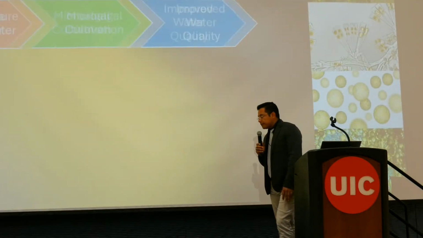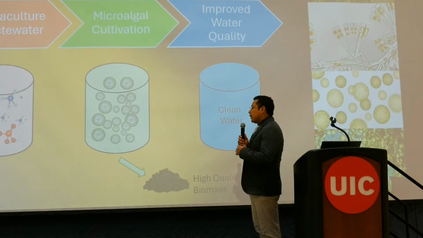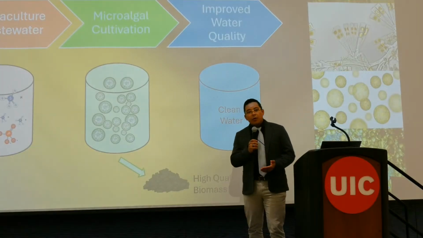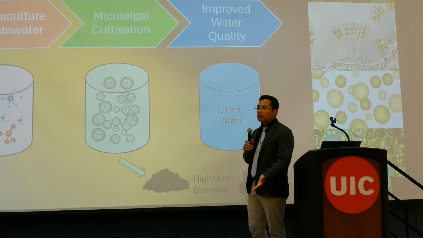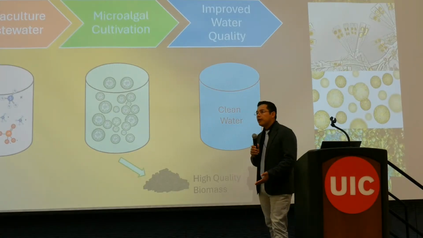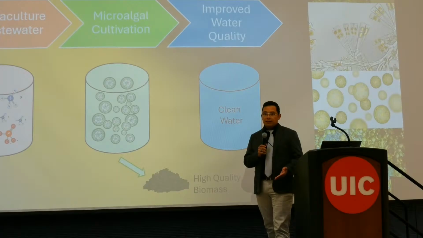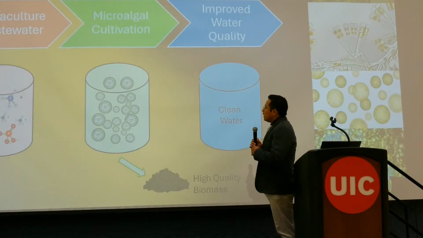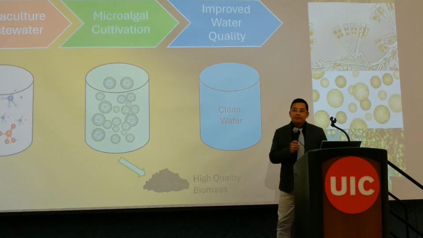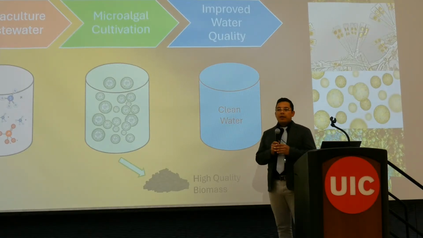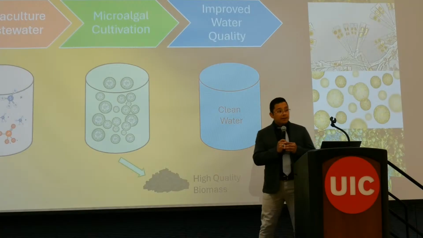Okay, so the traditional methods for wastewater treatment, most of them fail to address the high nutrient content. So in this project, we aim to use microalgae to remove those remaining nutrients from waste streams.